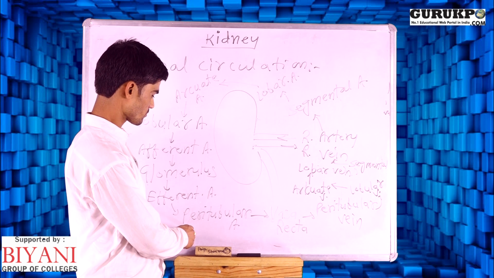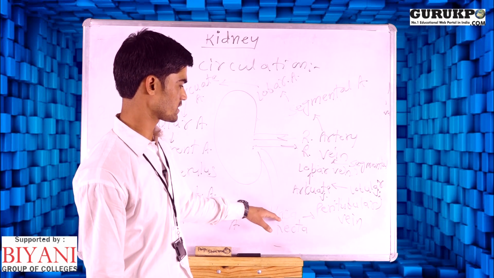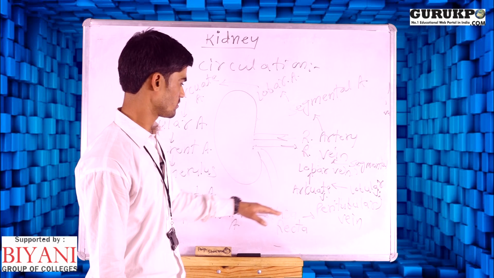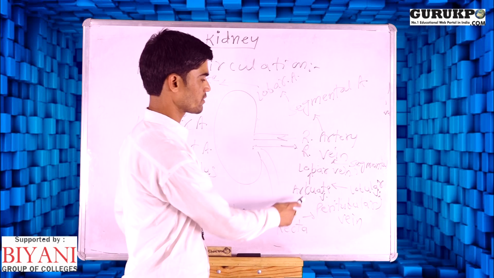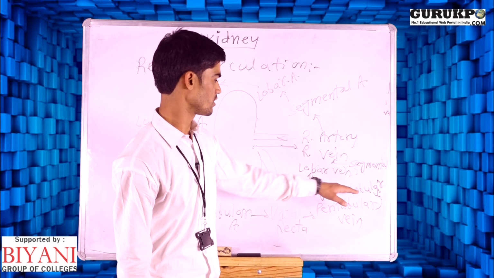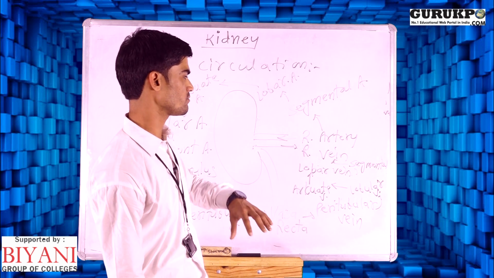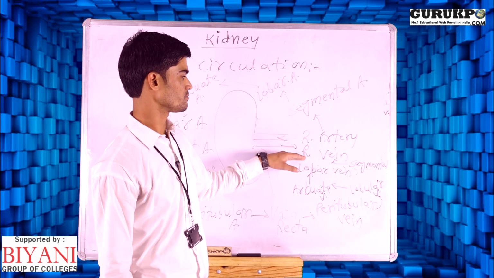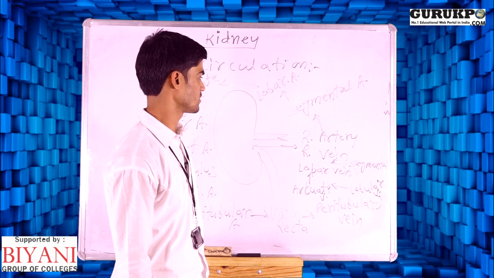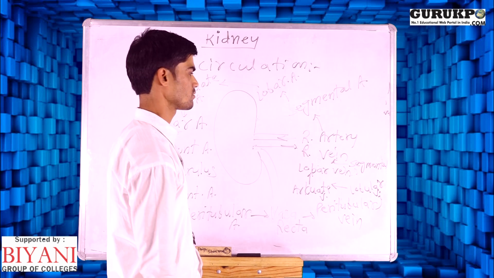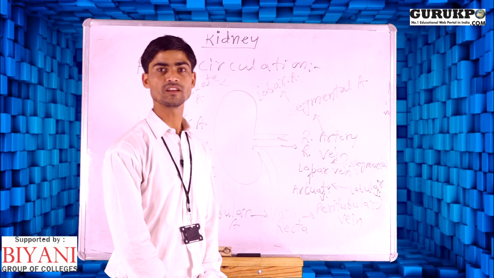Efferent arteriole divides into peritubular capillaries and vasa recta. Then peritubular vein, lobular vein, arcuate vein, lobar vein, and segmental vein. Segmental vein finally reaches the renal vein, and renal vein takes the deoxygenated blood to the inferior vena cava. So this is renal circulation.